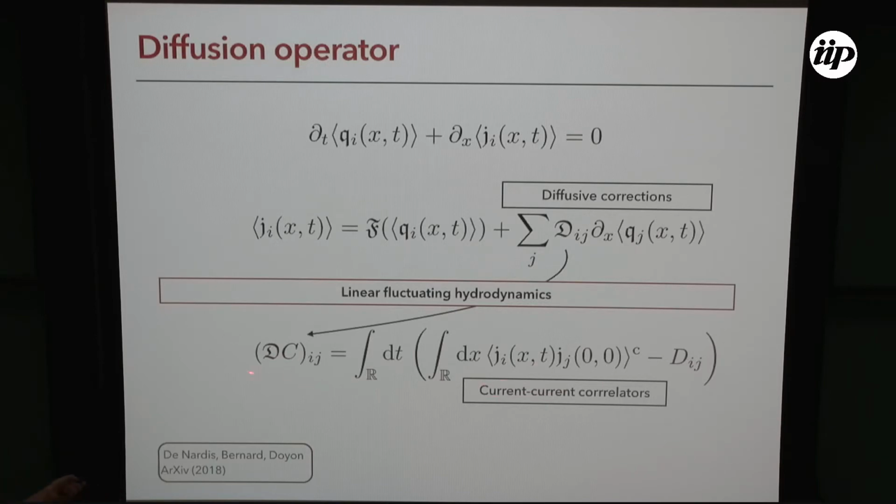So this D operator, once multiplied by C, which is just a matrix of susceptibilities, these are objects you can compute just from standard thermodynamics, then if you multiply these two operators, you get this operator for any I and J. I and J are the indices of the conserved quantities. Remember this. This is obtained as the integrated current correlator.